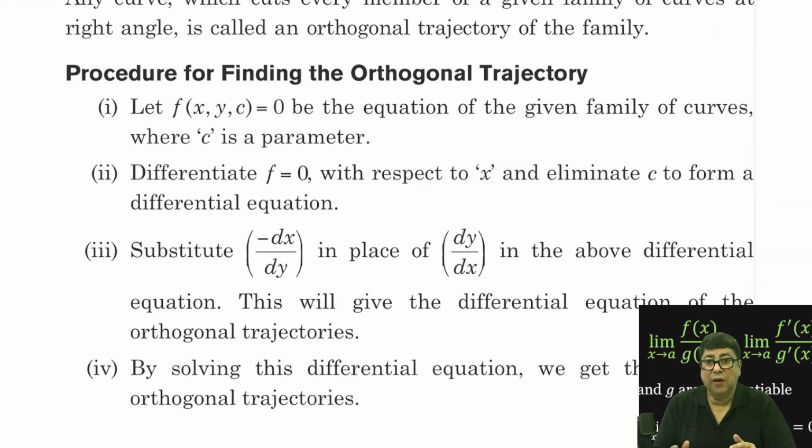Now after eliminating, dy/dx is coming, so between dy/dx and the original equation you have to remove the arbitrary constant. Now instead of dy/dx put minus dx/dy, because I have done this equation, I think, 1000 times in my life. So instead of dy/dx put minus dx/dy and just calculate.